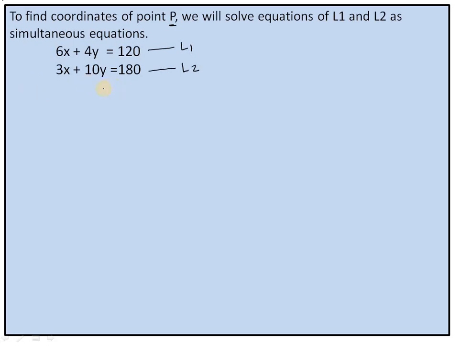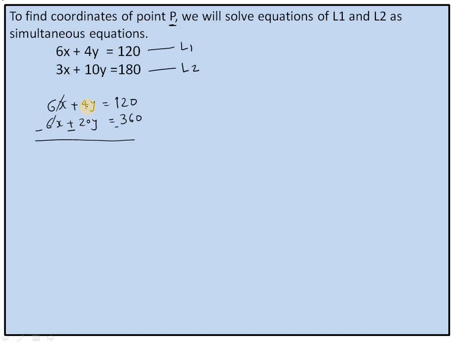So I will multiply L2 by 2, because this is 6 here and this is 3 here. First I write 6x plus 4y is equal to 120. Then I write 6x plus 20y is equal to 360. Okay? Now I subtract. So what did I get? 6x cancels.